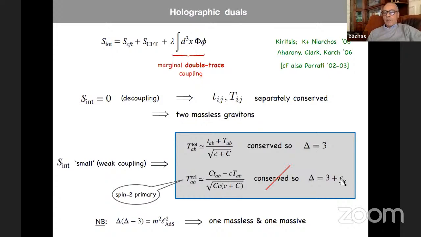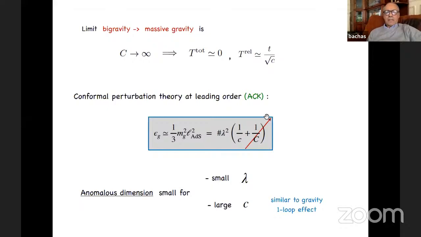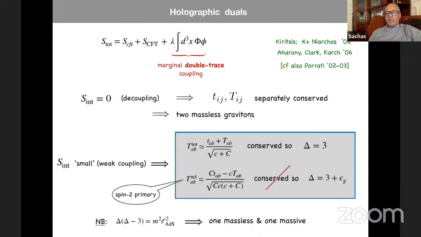Okay, so this anomalous dimension will be the key player in what follows. And now the limit of massive gravity, this is still bimetric theory, but the limit of massive gravity is very simple. Just take capital C to infinity. You can easily see that this operator formally goes to 0, and this operator, the relative one, formally goes to t, small t AB over square root little c, which is precisely the normalized operator of this theory.